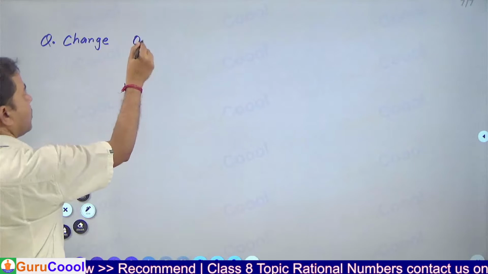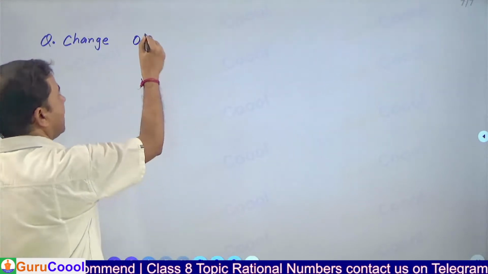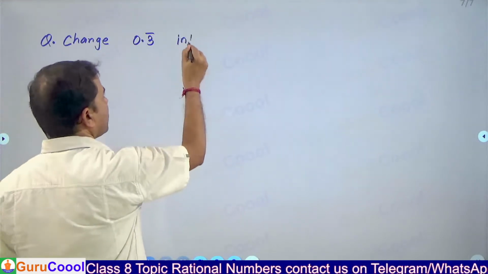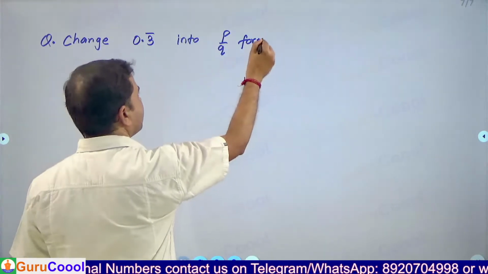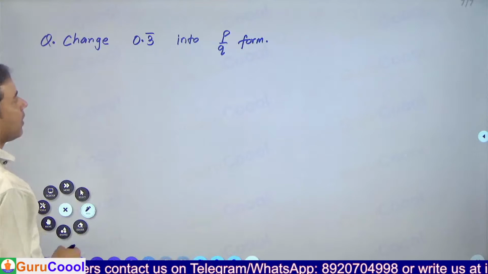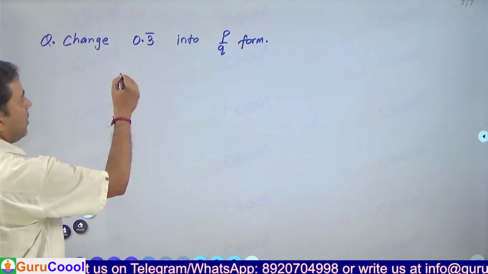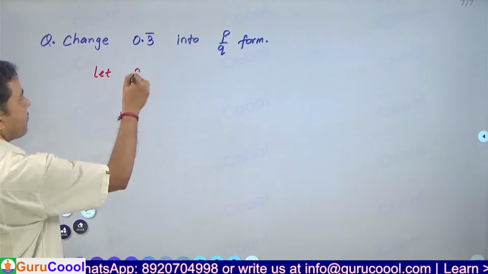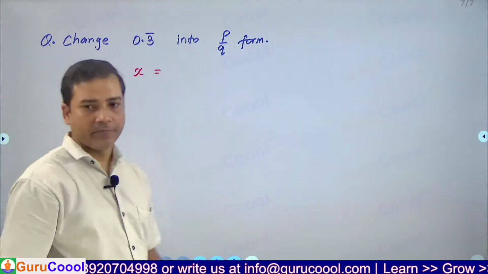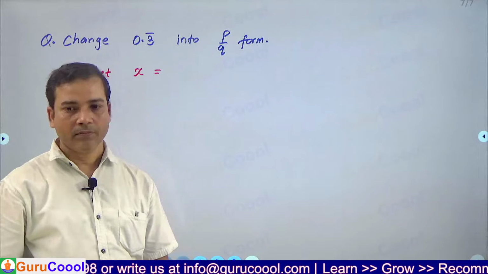Change 0.3 bar into P by Q form. So first of all, we will assume x equal to 0.35 bar, with the bar only on 5.